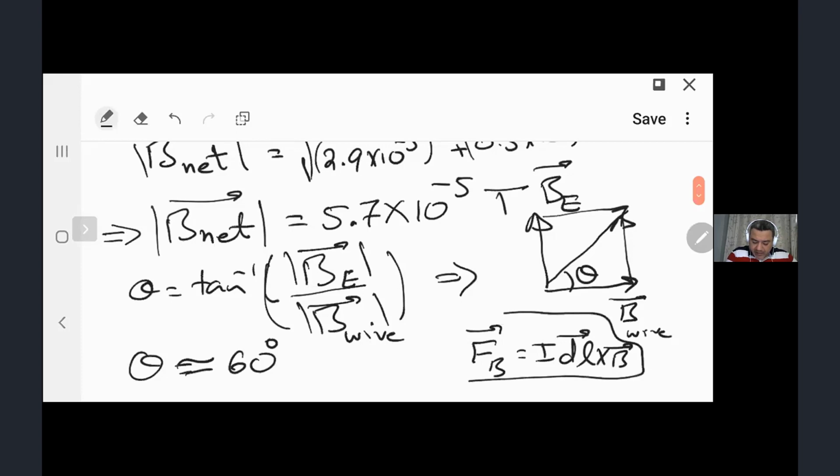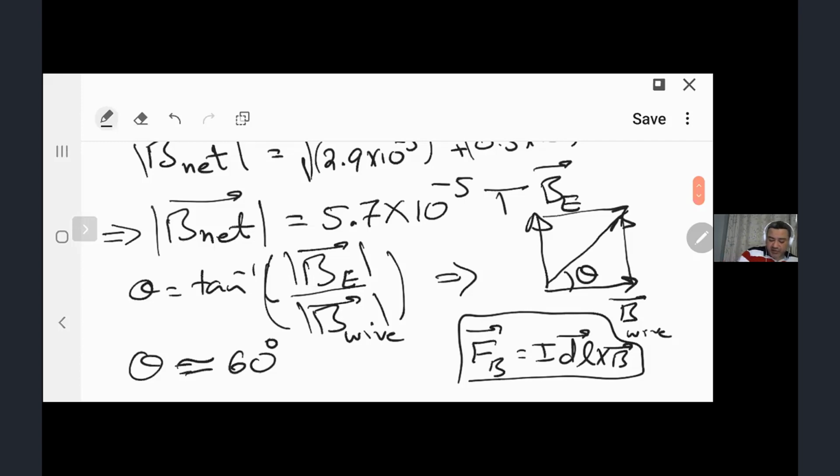This is the magnetic force, I dl cross B. B is an external magnetic field whose effect we are evaluating on a wire that has a current. So here you have an external magnetic field and another magnetic field generated by the current going through that wire.